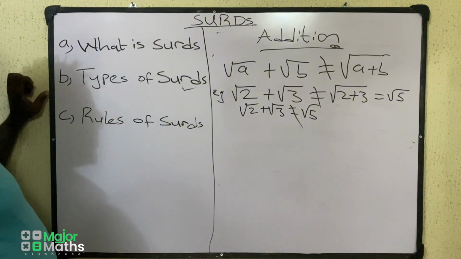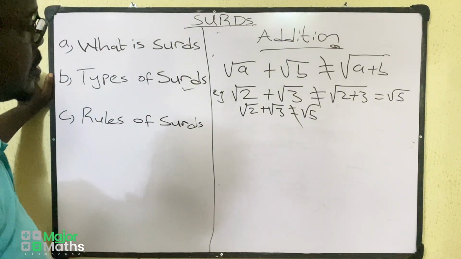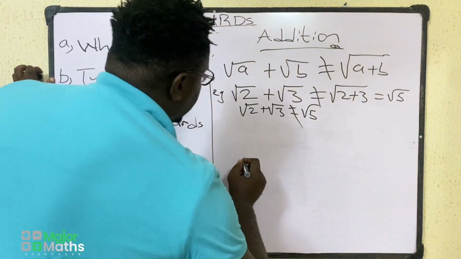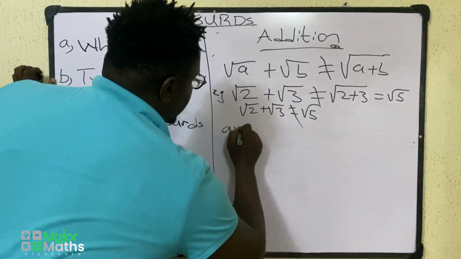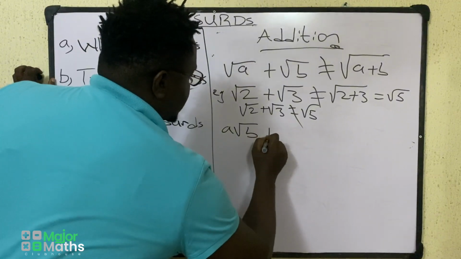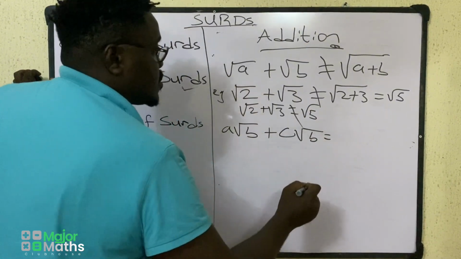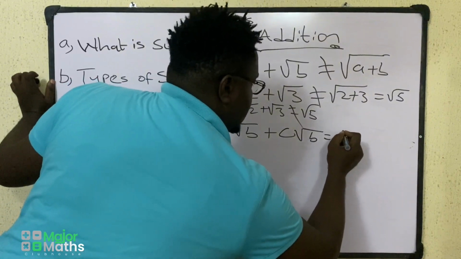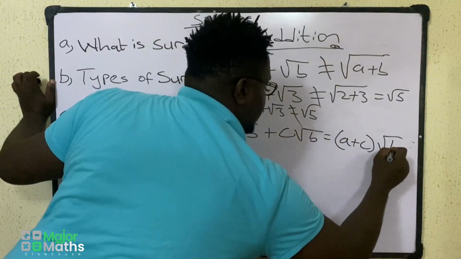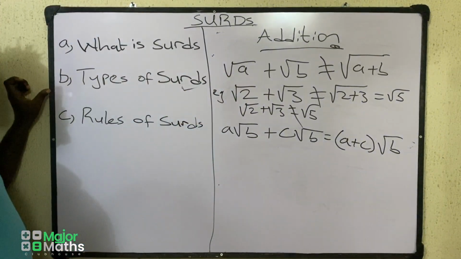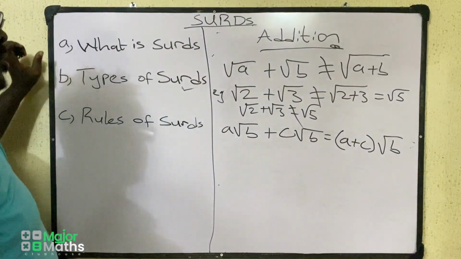Alternatively, you can say something like A root B plus C root B is equal to bracket A plus C root B. You can see that they have the same surd.